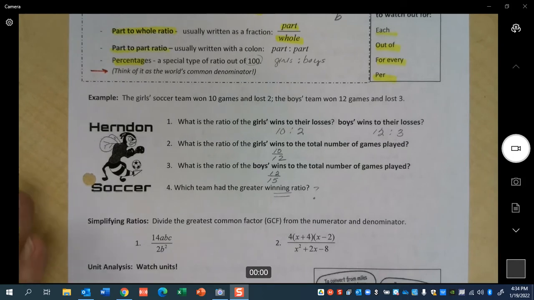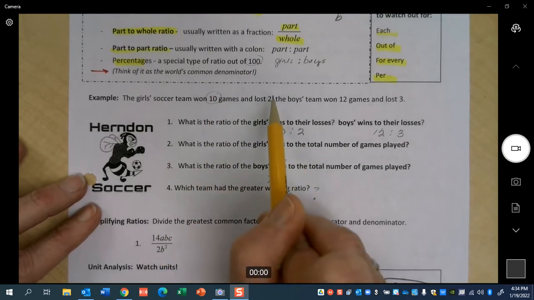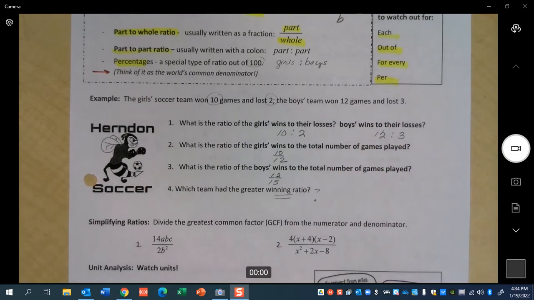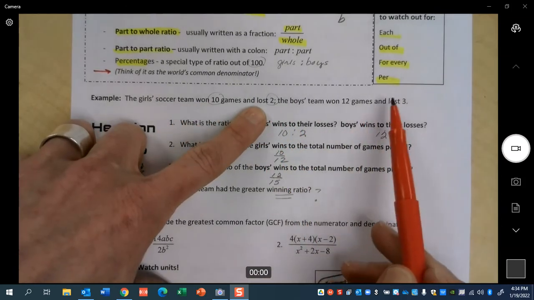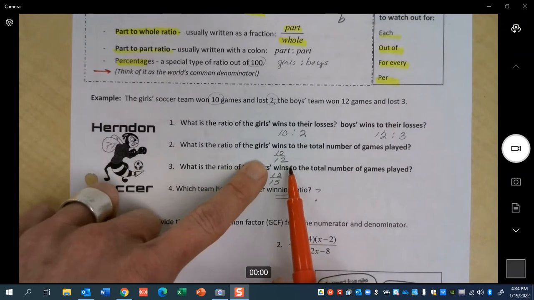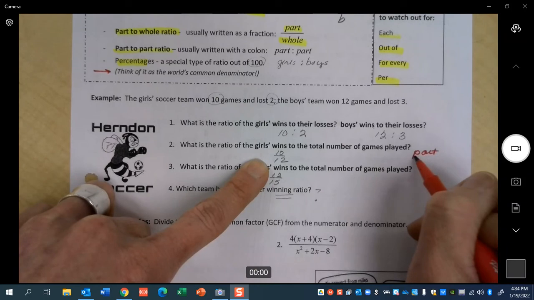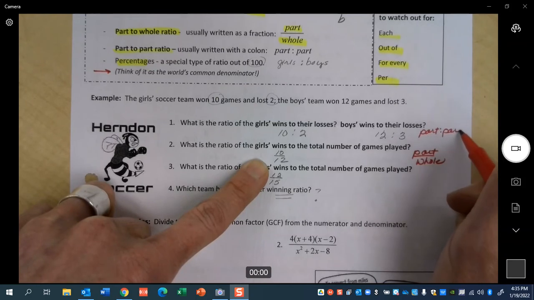All right, so when we talk about their wins to losses, the girls had 10 wins and 2 losses. The boys had, okay, so when we look at the wins to the losses, we can then express this as a part to whole ratio or a part to part ratio.